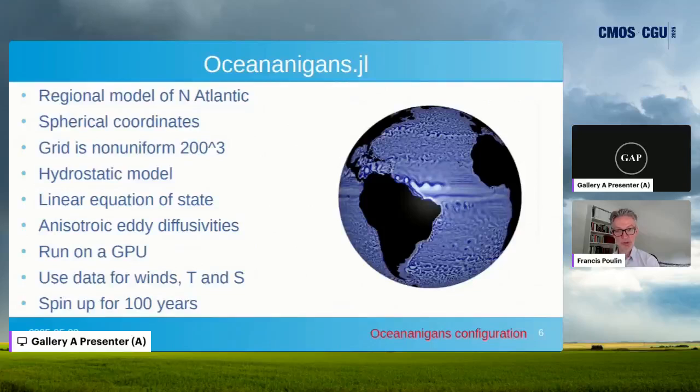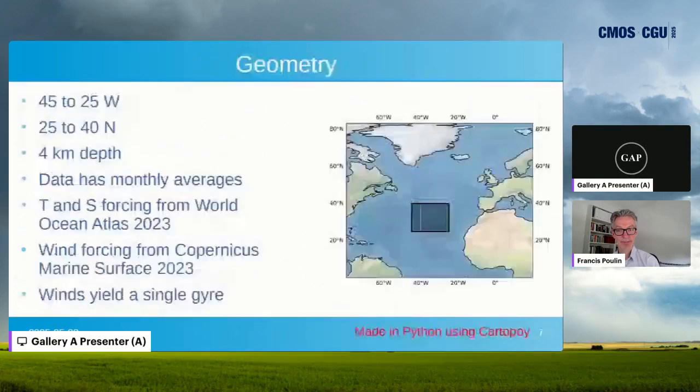We'll include spherical coordinates, a non-uniform grid with 200 points in each direction. The model is hydrostatic, with a linear equation of state and anisotropic eddy diffusivities. We run it on a GPU to get fast performance. To make things as realistic as possible in some contexts, we are using realistic data for temperature, salinity, and winds. In the 3-dimensional model, the simulations I show you will be after it's been spun up for about 100 years.